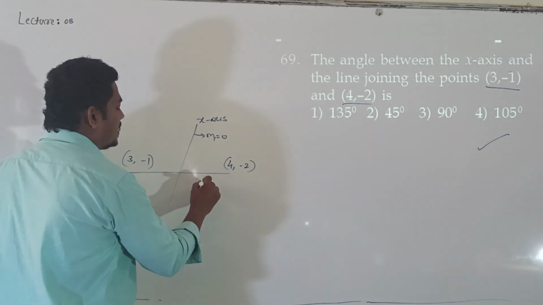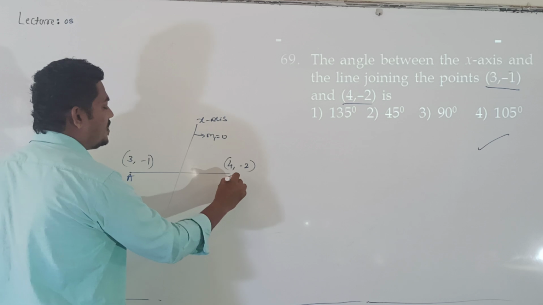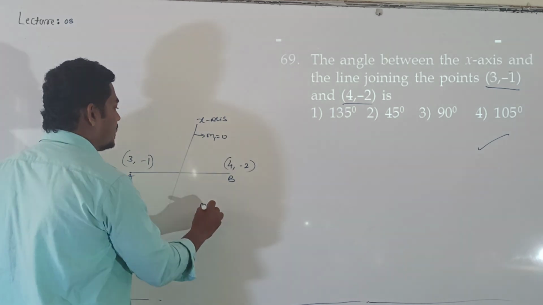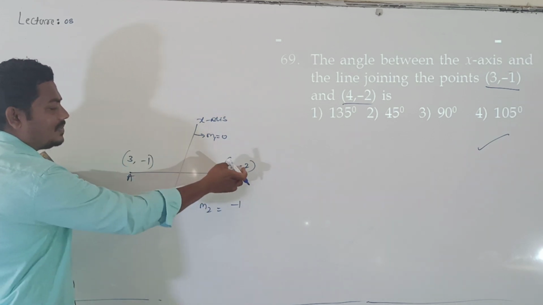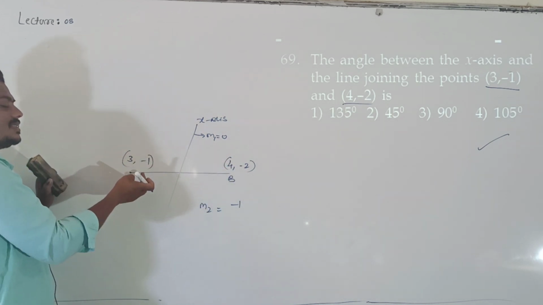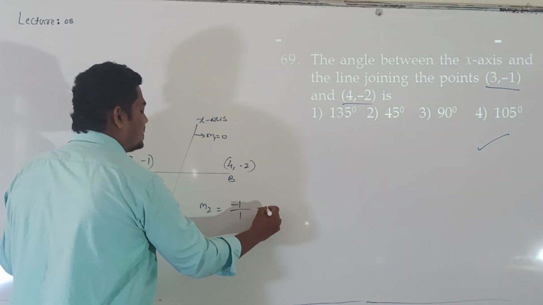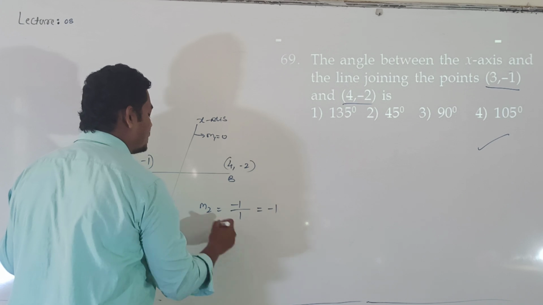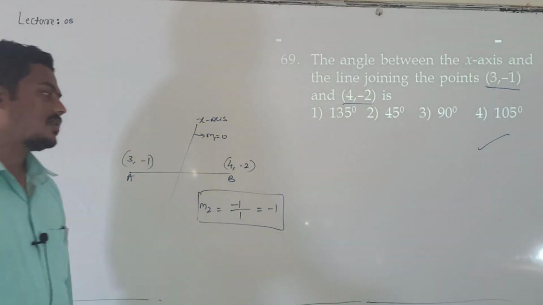Take this as m1. Then tell me the slope of the line joining these 2 points. Suppose they are A and B. M2 is equal to the slope of the line joining the 2 points, minus 1 divided by, because minus 2 minus of minus 3 is plus, minus 1 divided by plus 1, that's equal to minus 1. M2 value is minus 1, M1 value is 0.